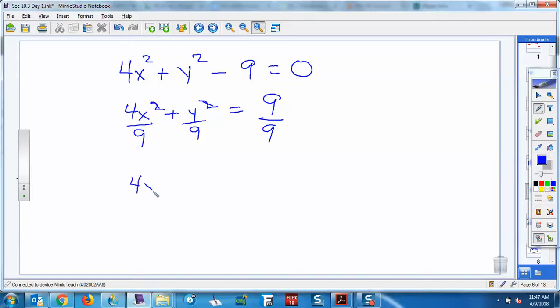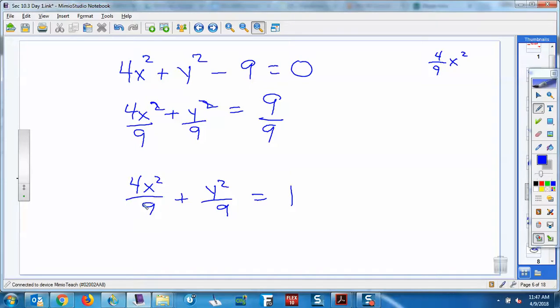Now, that's going to give us something we don't really like on that first one, which we're going to fix here in a minute, but it gives us the 1 that we want over there. That's the key. This is okay. We don't want that 4 to be there. Now, we can think of that as 4/9 x squared, right? Everybody agree that that's the same as that?